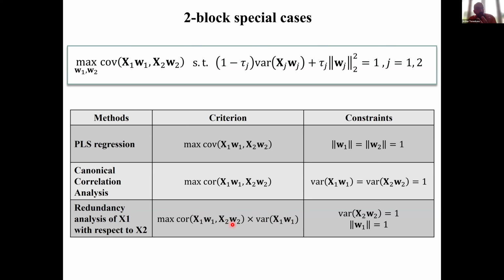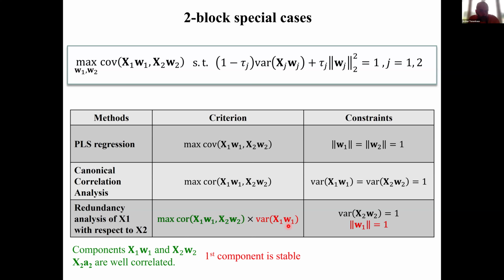And you don't want a block component associated with X2 that only explains its own block. The components X1W1 and X2W2 are well correlated because of this term in the optimization. You have a stable component for X1 because the variance of the component is maximized. And there is no stability condition for X2 because you are not maximizing the variance of the component for X2.